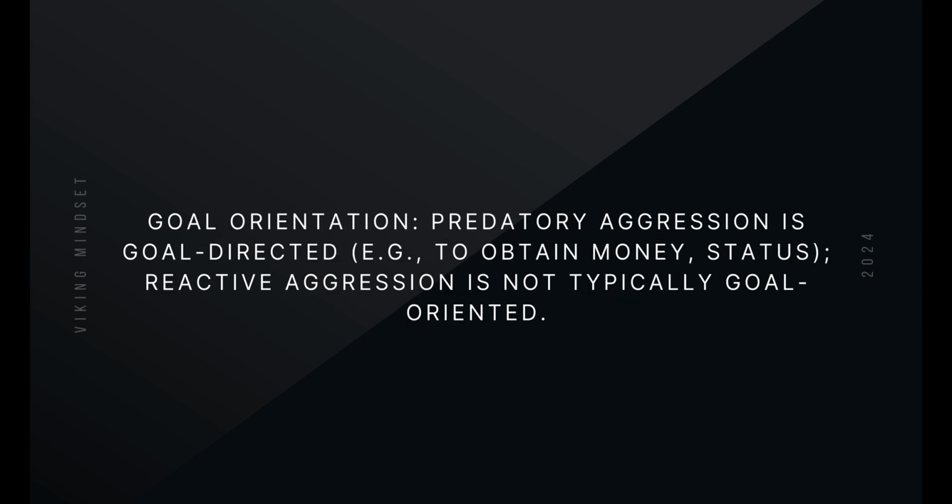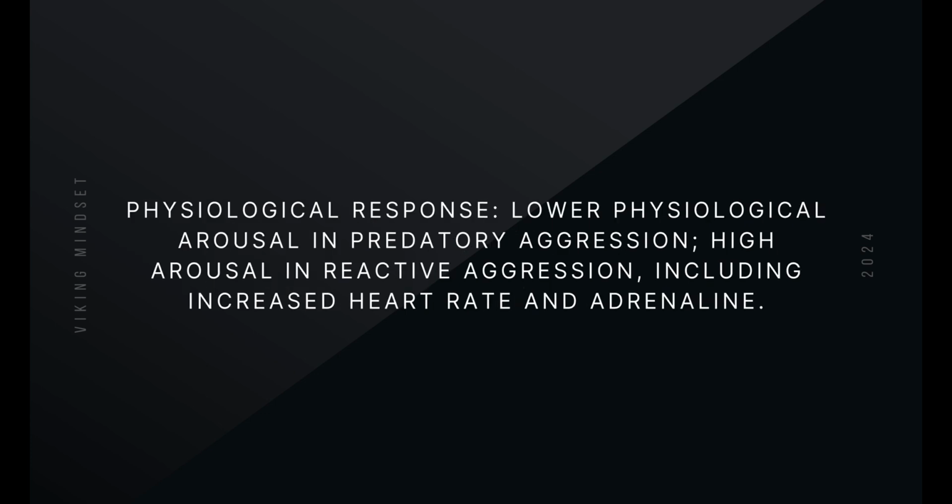Predatory aggression is goal-directed, that is, to obtain money, status, sex, whatever, whereas reactive aggression is not typically goal-oriented. As far as physiological response, there's lower physiological arousal in predatory aggression, very high arousal in reactive aggression, including increased heart rate and adrenaline.